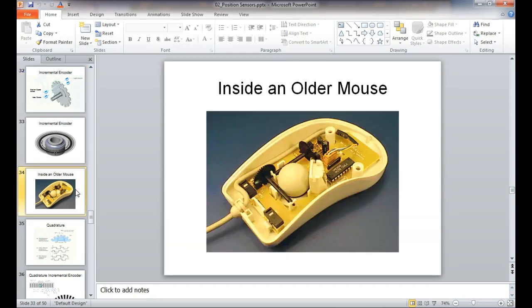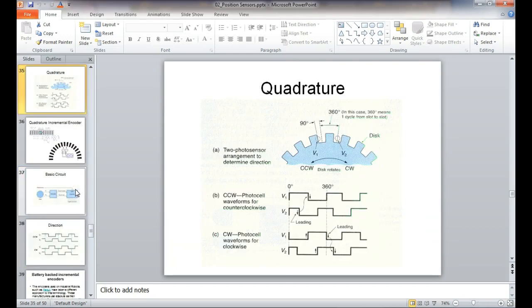That makes sense? So what they did is they came up with this method right here, where they have little sensors. Each one of them's offset by 90 degrees. So when one of them covers, one of them's open, the other's covered. What it does, it creates two channels, and they're 90 degrees out of phase, electrical degrees out of phase.